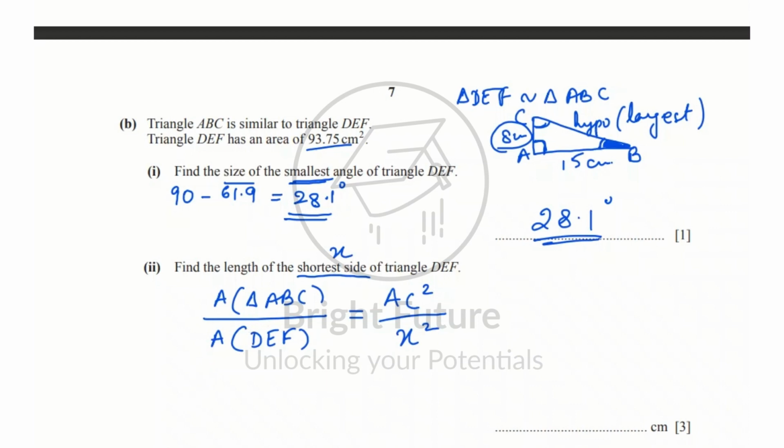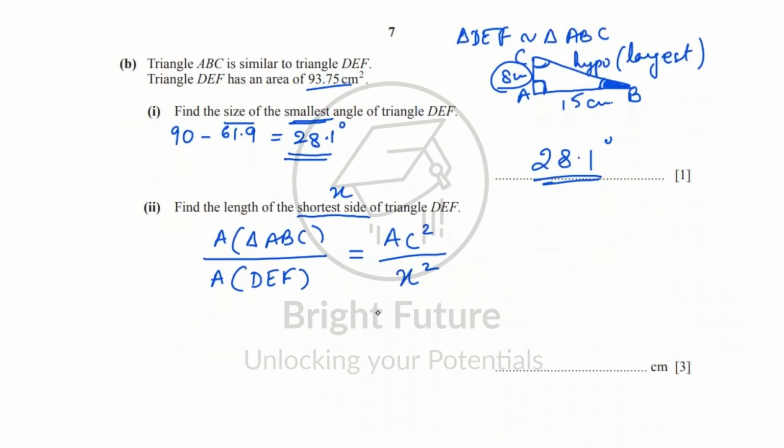We know the area of ABC is 60. So 60 upon 93.75 is equal to 8 squared, that is 64, upon x squared.